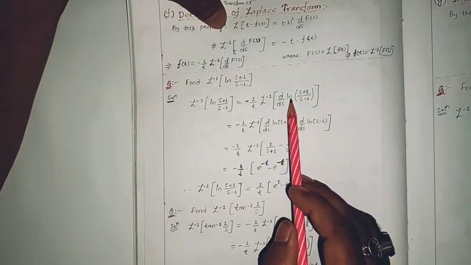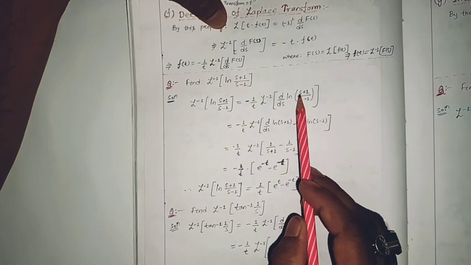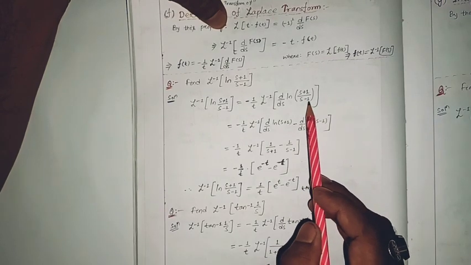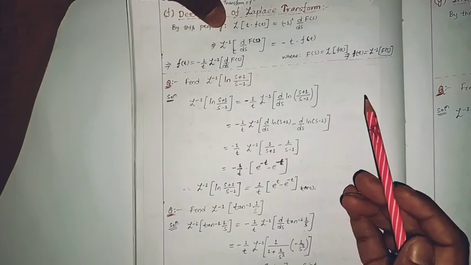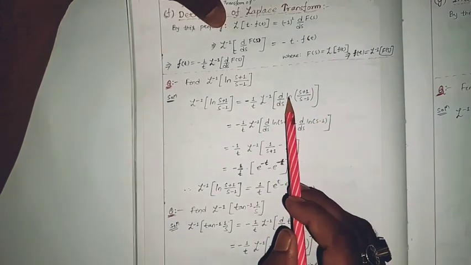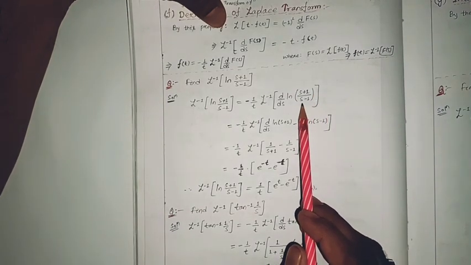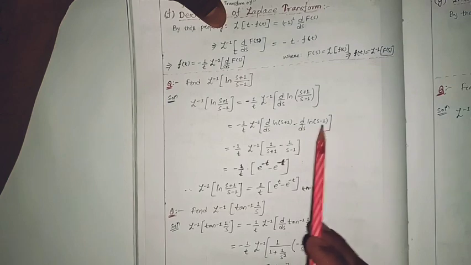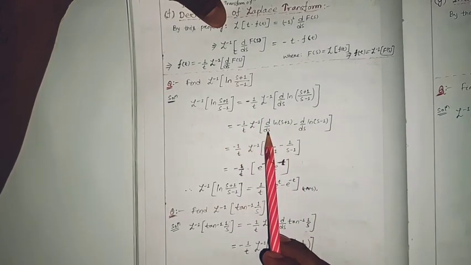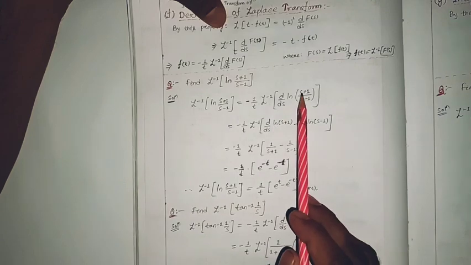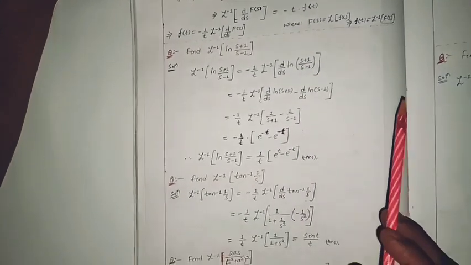Here ln of s plus 1 by s minus 1 can be written as ln of s plus 1 minus ln of s minus 1. So we have minus 1 by t times the inverse Laplace transform of d by ds of ln of s plus 1 minus d by ds of ln of s minus 1.